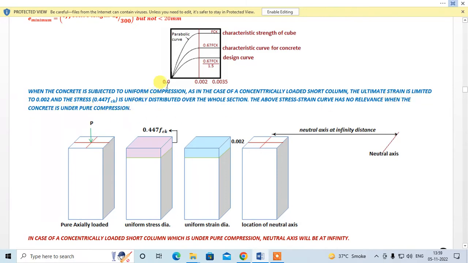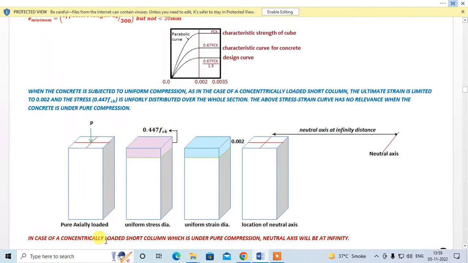So this is our design curve in case of flexure. When the column is under pure compression, this has no relevance. In that case you will have a constant strain of 0.002, which is the ultimate strain in a column under pure compression, and the stress is 0.447 fck, uniformly distributed over the whole cross section.